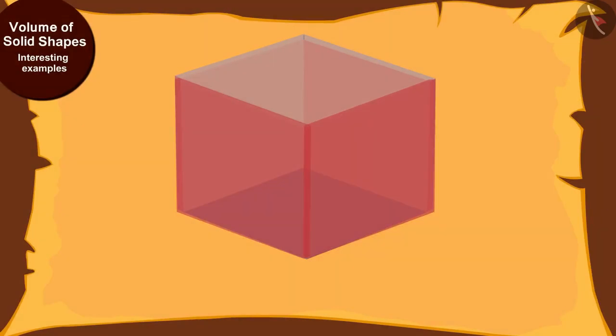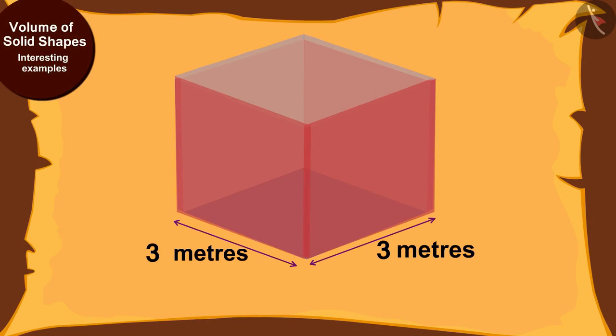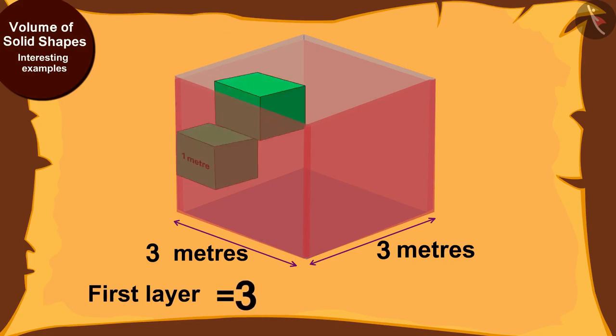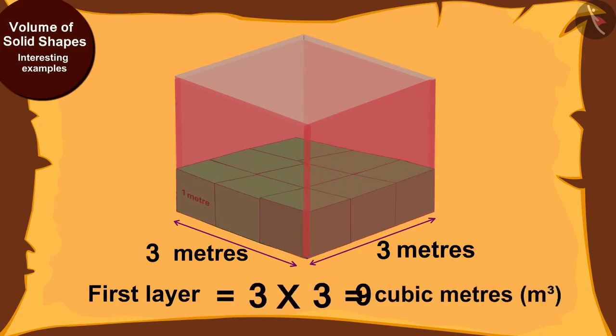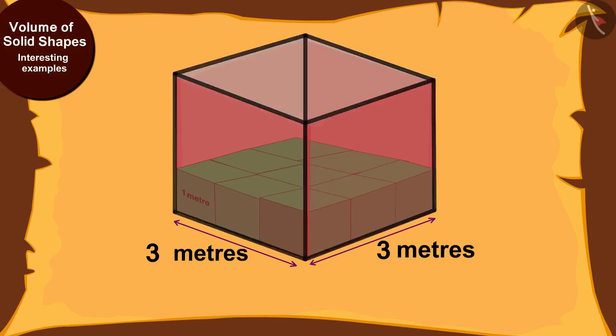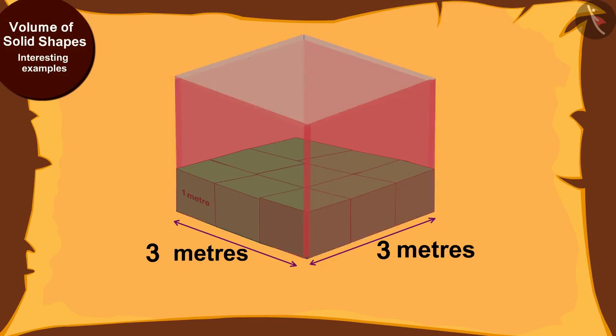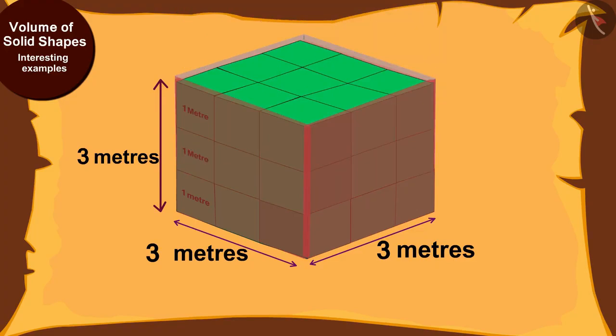The cube-shaped house has a length of 3 meters. This means that the first layer of the house will have 3 times 3, 9 cubic meters. And because the house is cube-shaped, its height will also be 3 meters. In other words, a cube-shaped house will have 3 layers made up of cubic meters.